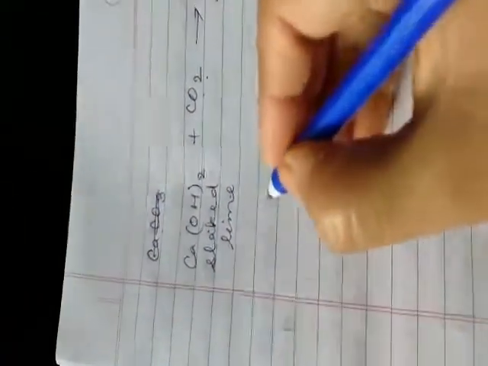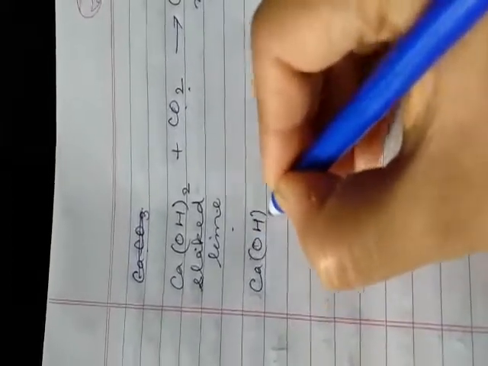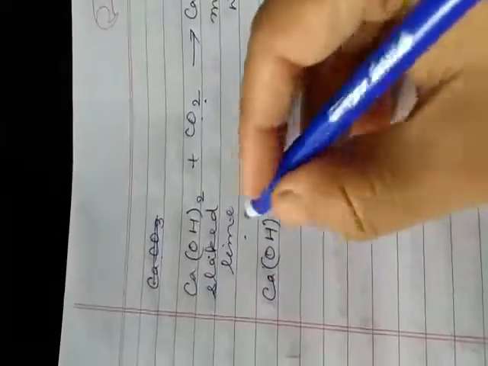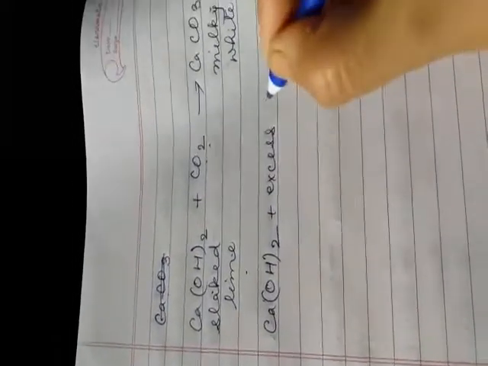But what happens when slaked lime, Ca(OH)2, reacts with excess of CO2? First, CaCO3 is formed, CaCO3 plus H2O.